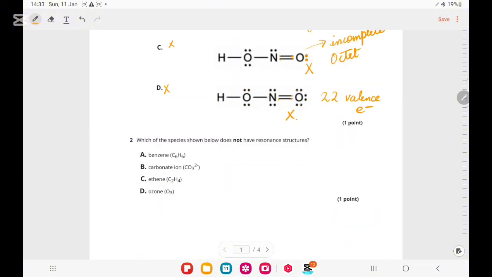In this question they ask which of the species shown below does not have a resonance structure.